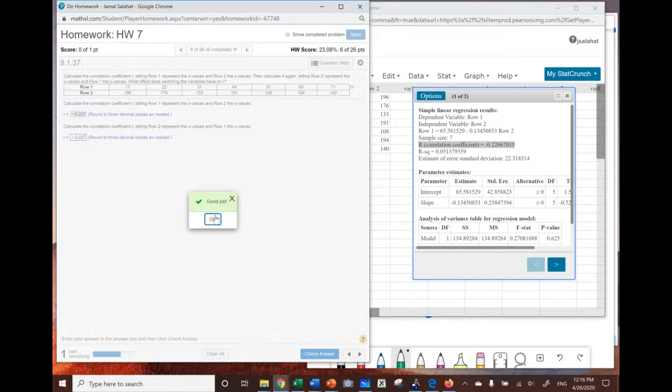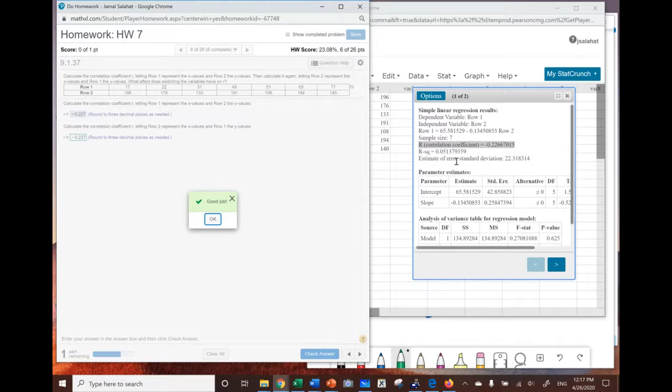So be careful, and we should not flip the rows unless we are told to do so. In future problems, we have to be careful which one is row 1. Usually row 1 is X, the independent variable, and row 2 is Y, the dependent variable. Don't flip them. But here, they told you to flip them just to measure R.